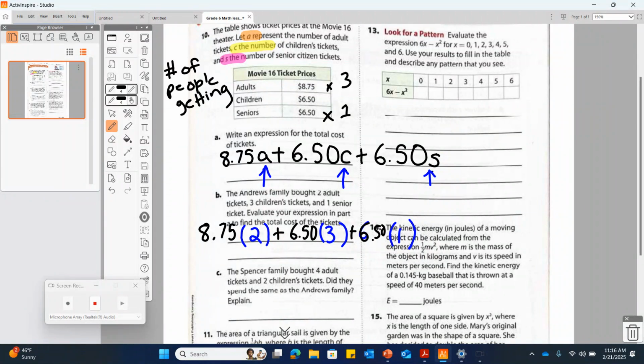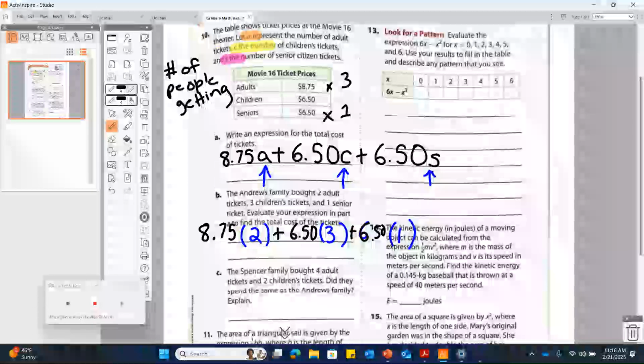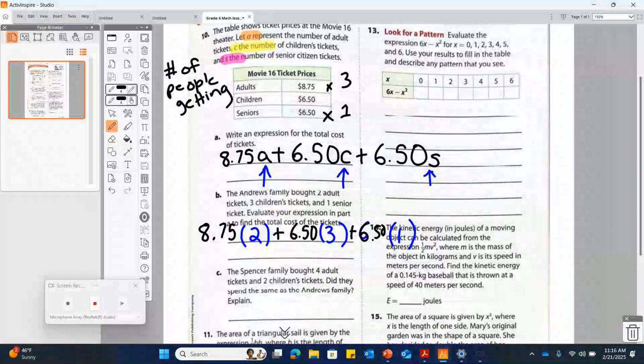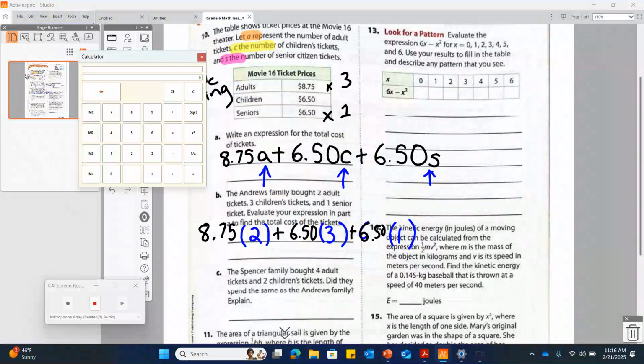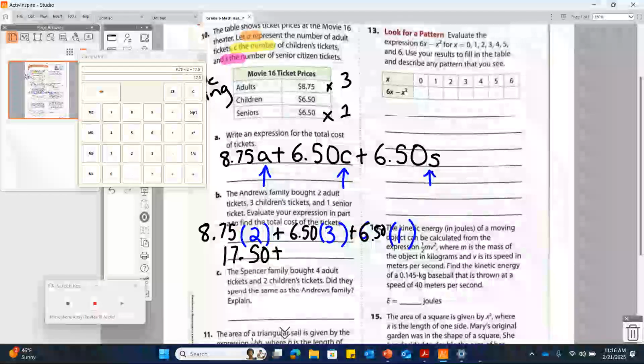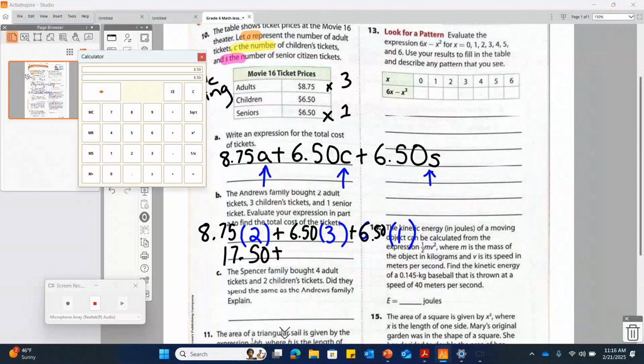Now this is like a giant order of operations problem. 8.75 times 2 is $17.50. Next multiplication, 6.50 times 3. Remember, I do all my multiplication from left to right before I do any addition or subtraction. 6.50 times 1 is just $6.50.